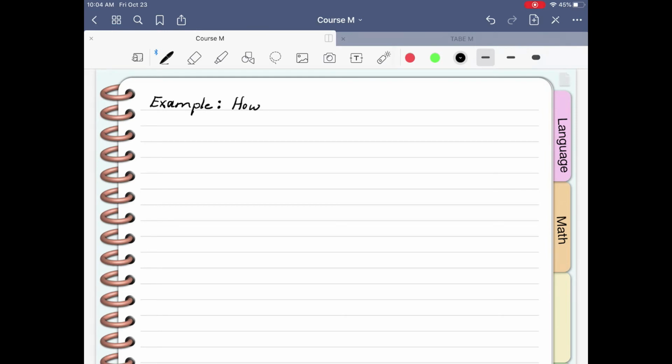How does the 9 in 96,532 compare to the 9 in 59,623?